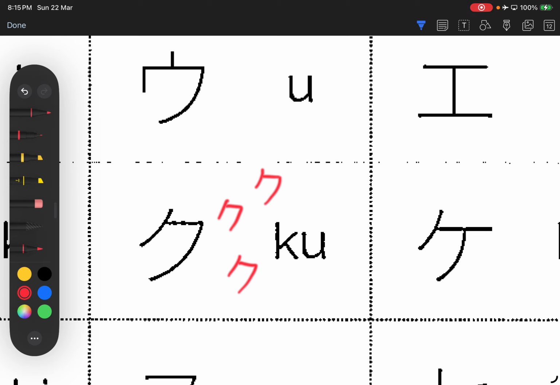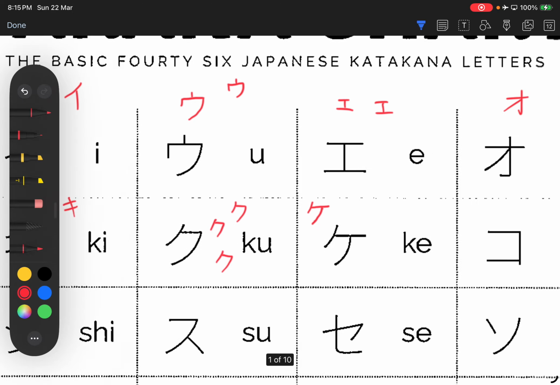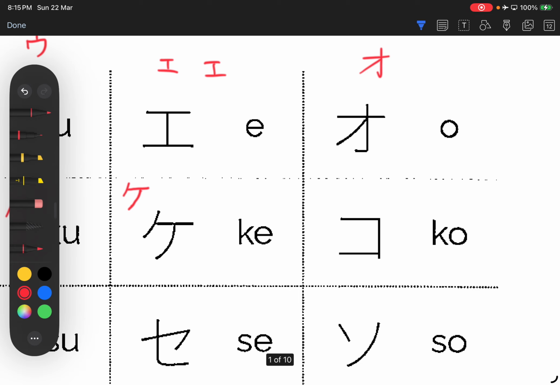So it's one slanted line, one horizontal line, another slanted line. Okay. Next we have ko. So horizontal first, vertical, and then the horizontal.